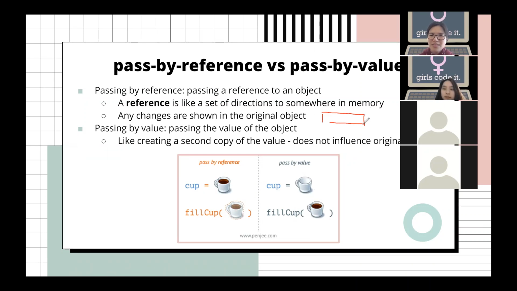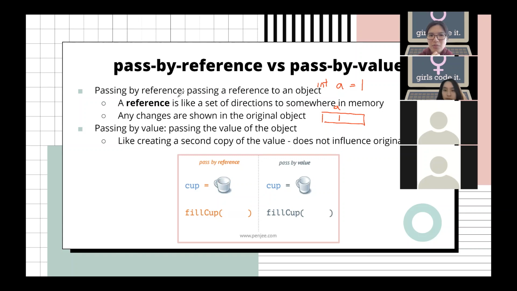So basically, when you have a variable, let's say I have a variable called A. If I assign it to a primitive type, like int A equals 1, A will hold just the value 1.